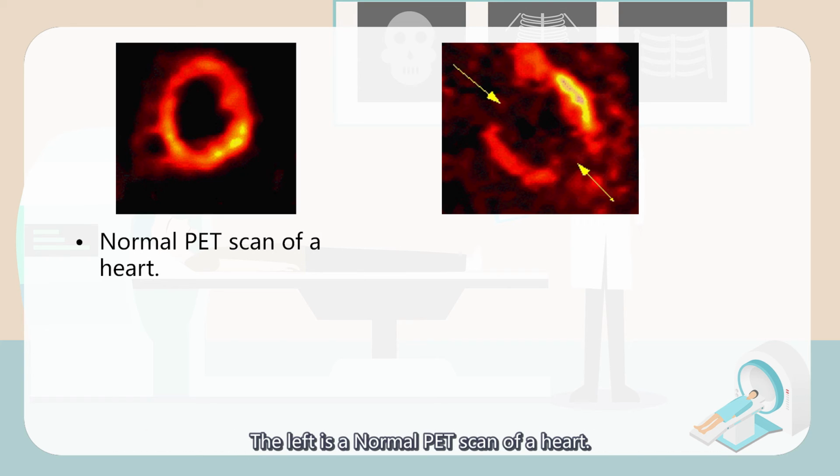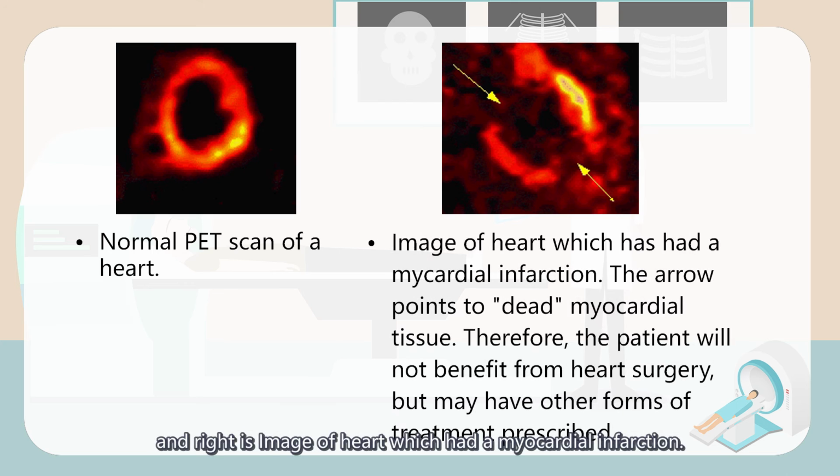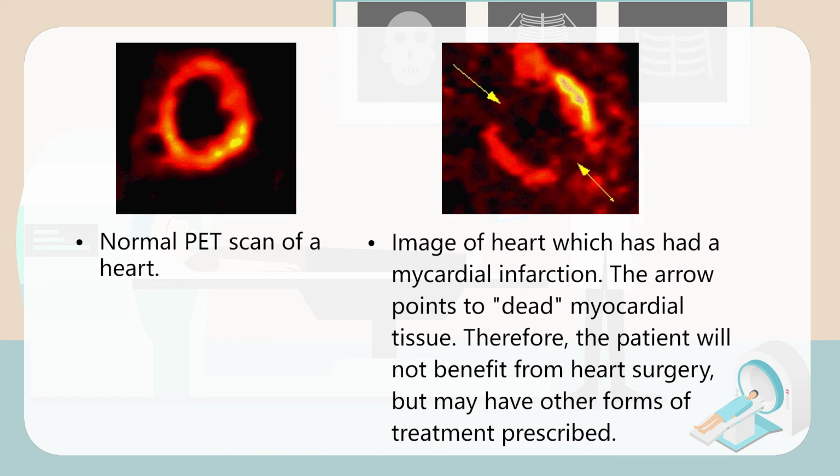Left is a normal PET scan of a heart, and the right is imaging of a heart which has had a myocardial infarction. The arrow points to dead myocardial tissue. Therefore, the patient will not benefit from heart surgery, but may have other forms of treatment prescribed.